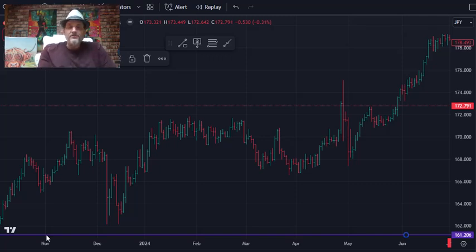So the most important thing that you have to do, in my opinion, is set up a time frame that is larger than the one that you are trading. So let's say, for instance, you're trading 1 hour charts. You might want to use a 4-hour chart. If you're trading 4-hour charts, you're going to want to use a daily chart.